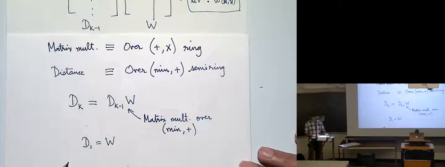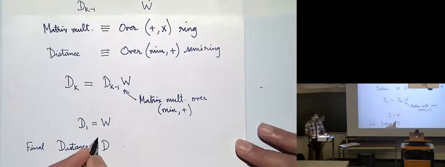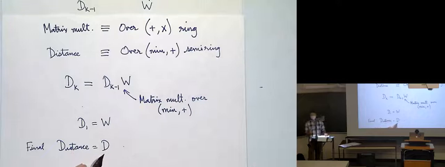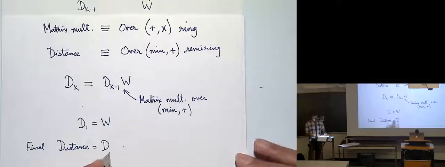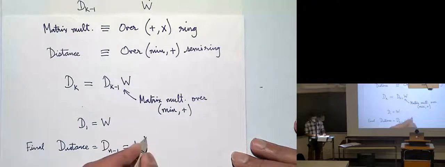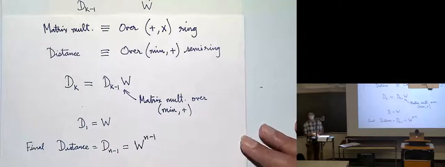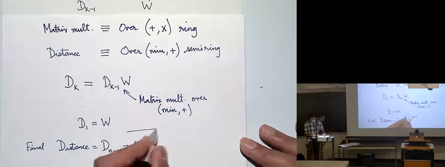Your final distances is basically d_{n-1}, which is just w to the power n-1. So all you need to do is find this matrix.